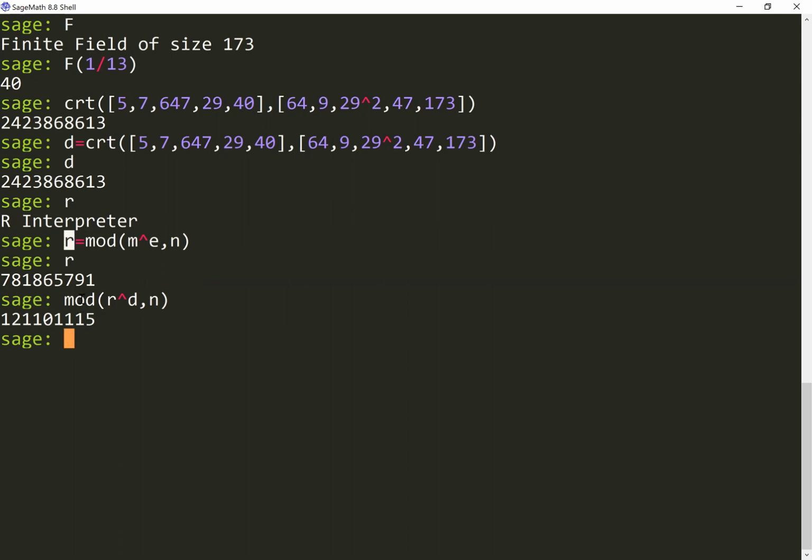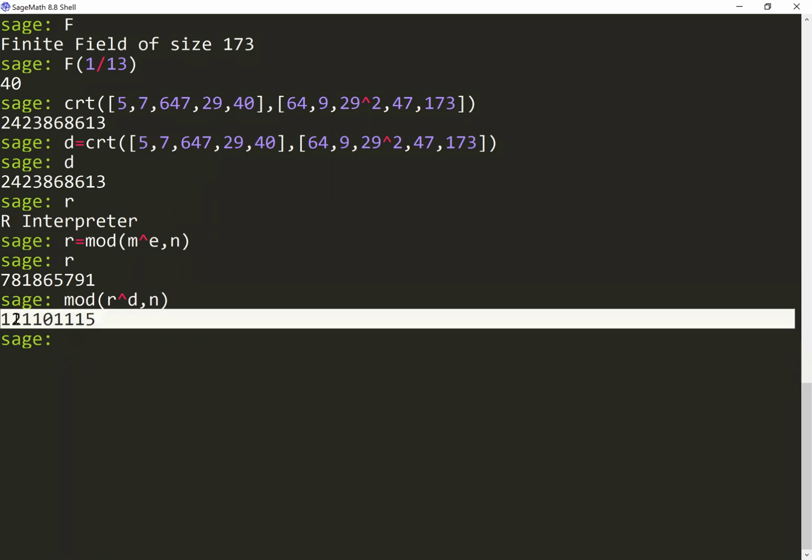Once Alice has this message R, she raises it to the power D and then mods by N. Then what she gets is 121, 101, 115, which is the ASCII code for YES.